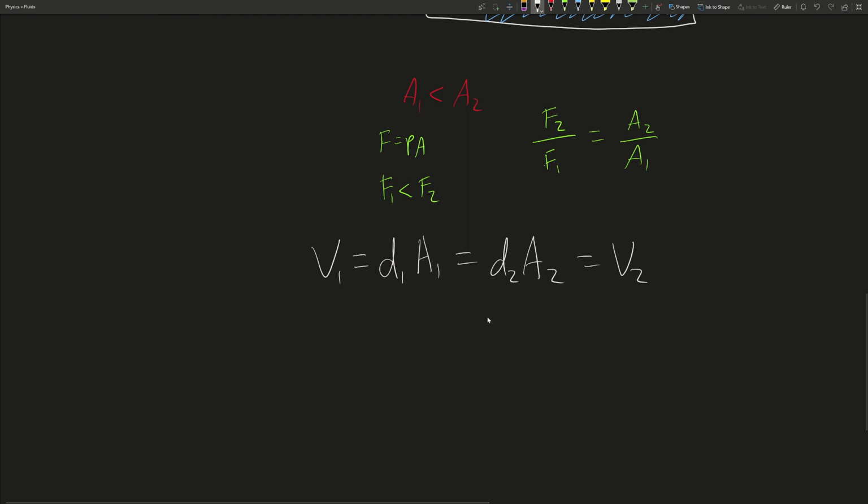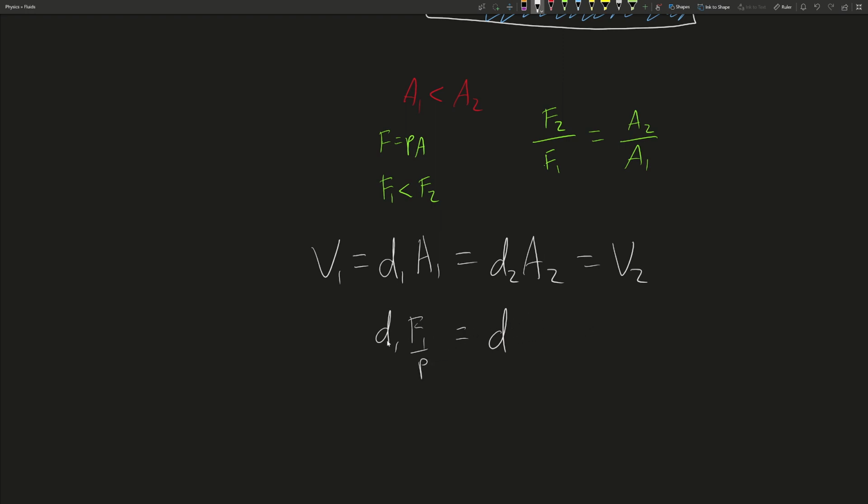And from this, we can see that since force is directly proportional to area, area is equal to force divided by pressure.